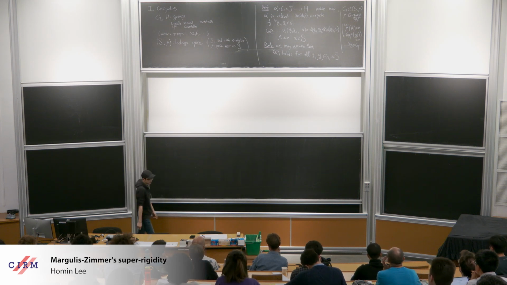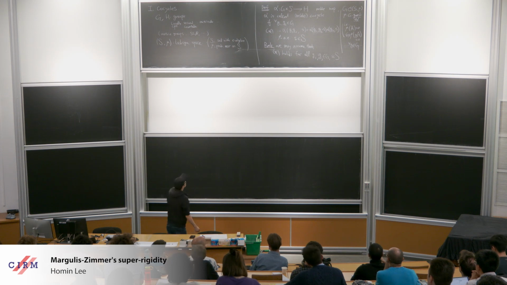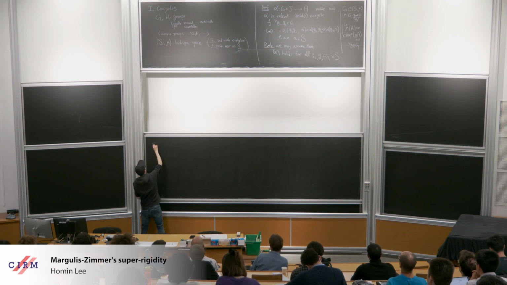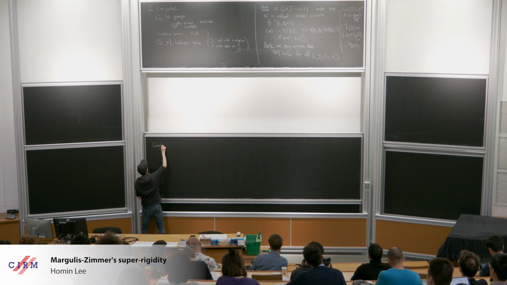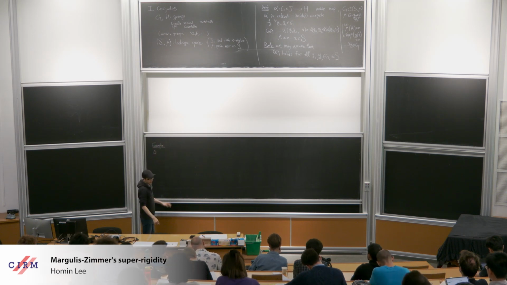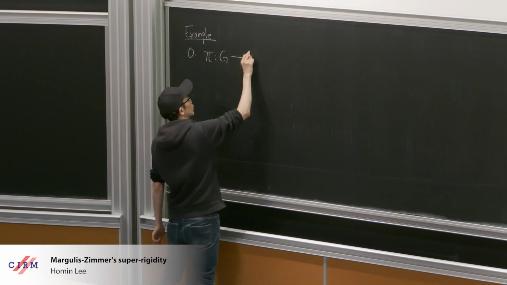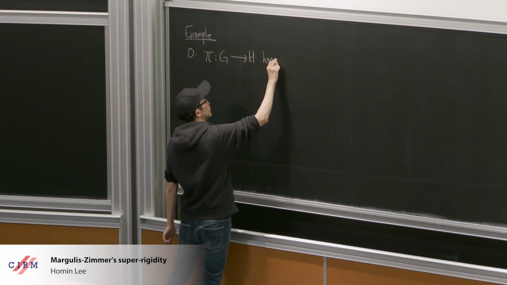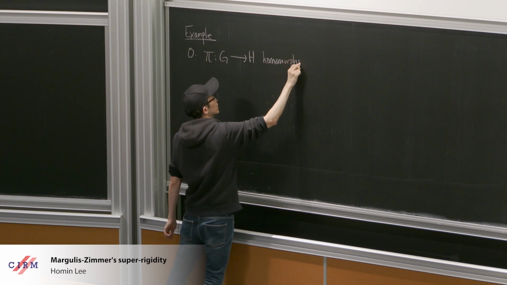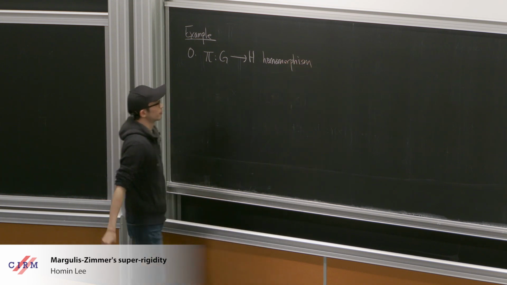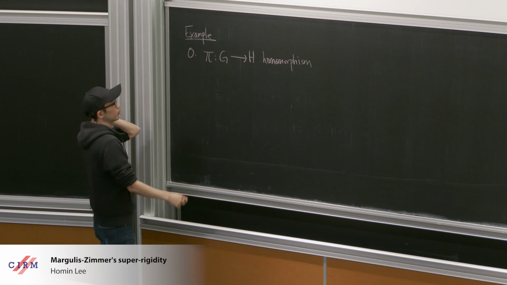And so here is the example. The first example, or zeroth example, is that the representation, or homomorphism. So if you have a homomorphism, because they are groups, you can have a group homomorphism.